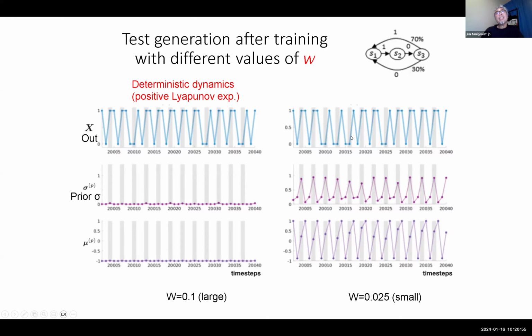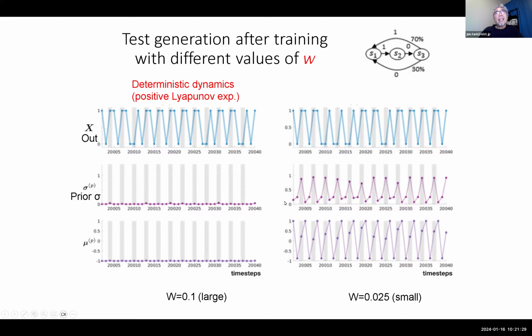On the other hand, if you set W relatively small compared to this, then again the output is following this, but the representation of the random latent variable is different. In this case, the prior sigma goes up at the gray bar part, which is a question state: 1 or 0, we don't know.